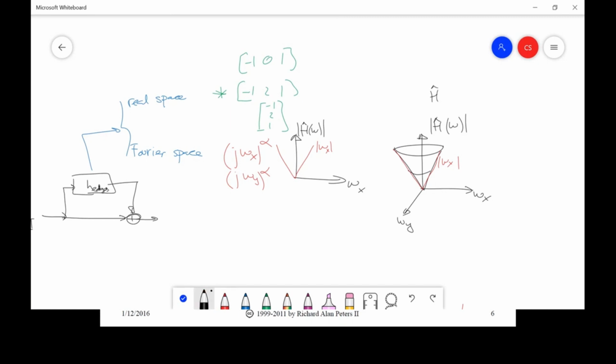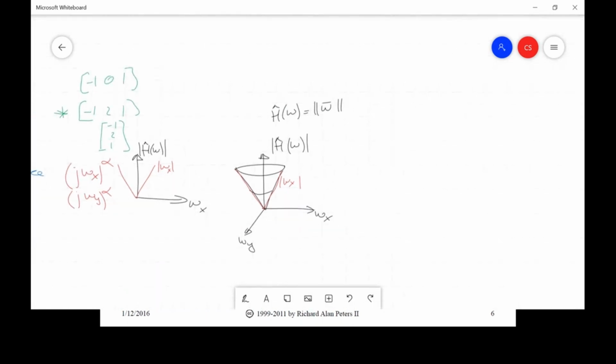It's very easy. Why don't I make the filter equal to the module of omega? So in particular, if omega y is equal to 0, this filter is equal to the absolute value of omega x. That is what I want.